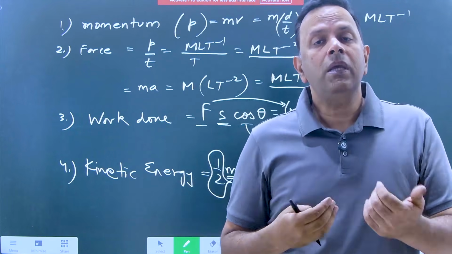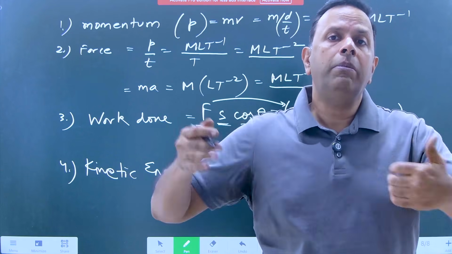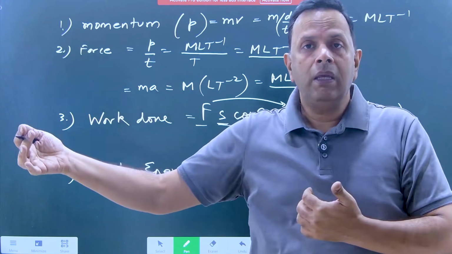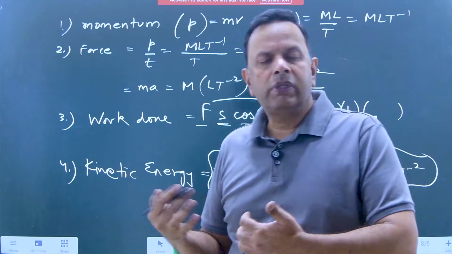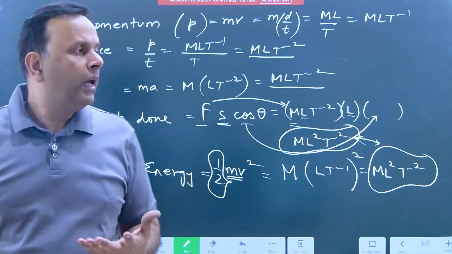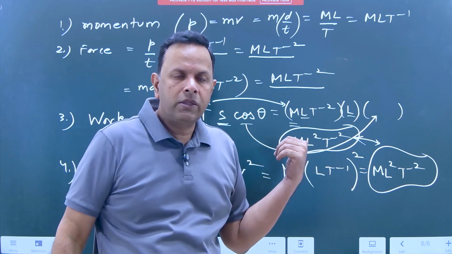So shouldn't they be equivalent? When you write W is equal to delta KE, I think it is in itself a sufficient proof to say that yes, they should be equivalent. And since they are equivalent, they have the same dimensions.